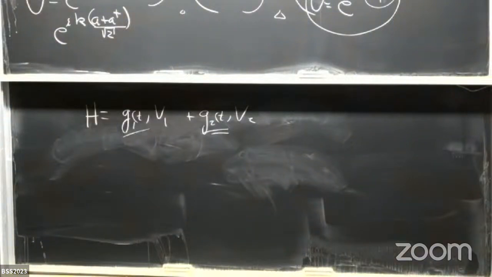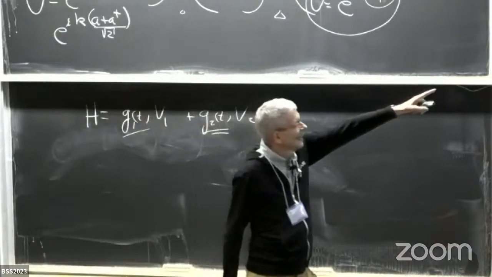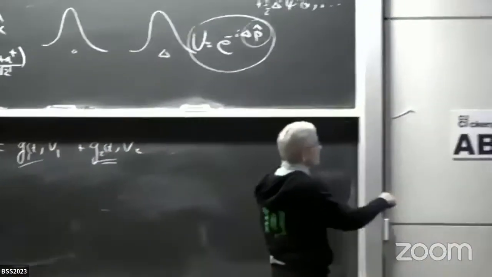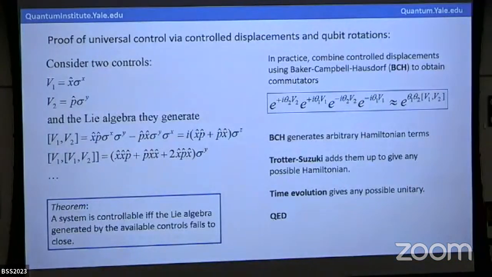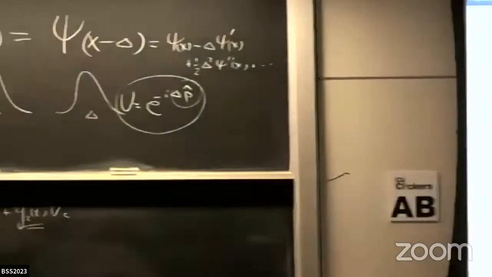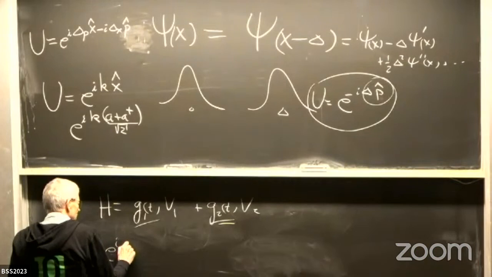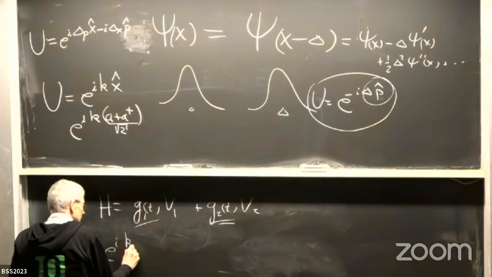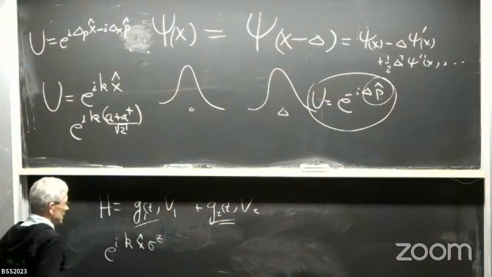Well, that's not exactly what we have. We have gates where we sort of have digital control, right? We have controlled displacements, so e to the ik x hat sigma z.